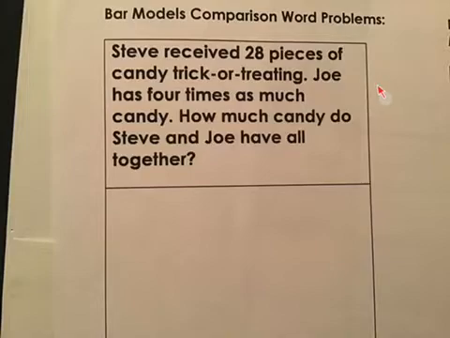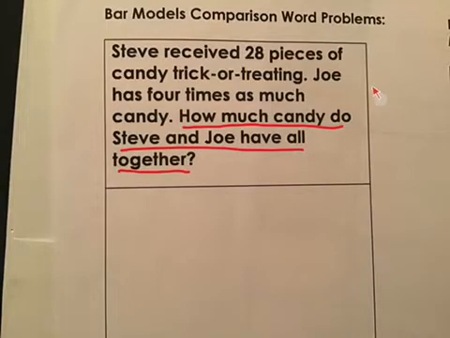And so we know that the first step when we're solving a word problem is to find the question. So the question here says, how much candy do Steve and Joe have all together? And we turn that question into an answer statement.